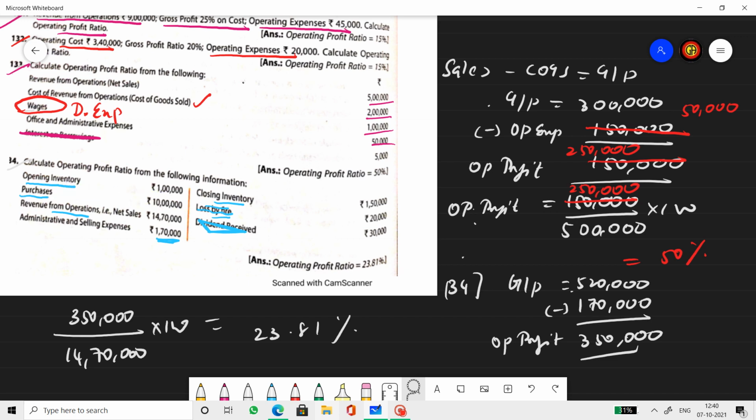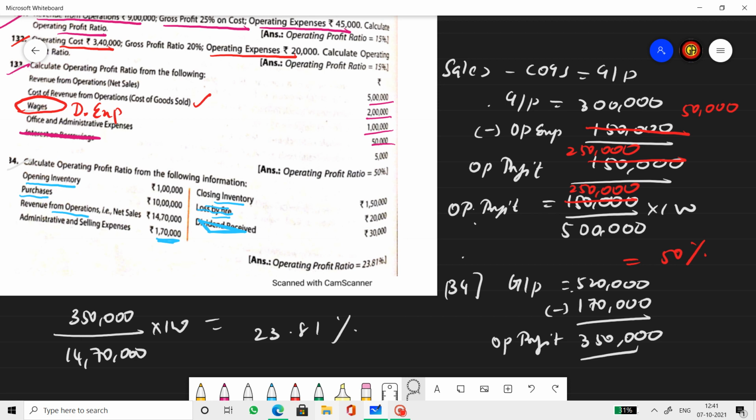So literally I'm preparing a rough trading account. So with that I get gross profit as 5,20,000 less administrative and selling expenses of 1,70,000 will give you operating profit 3,50,000. Now operating profit divided by sales into 100 is the operating profit ratio. So this is how we find the operating profit ratio for question number 134.